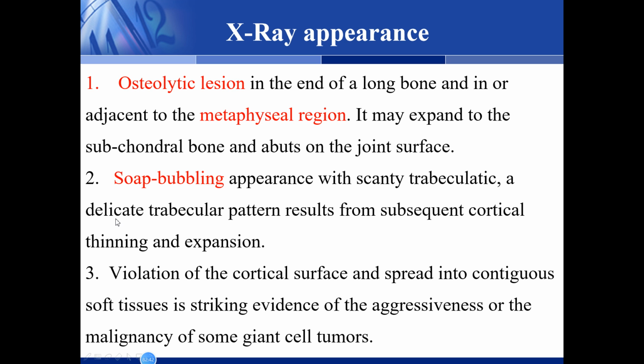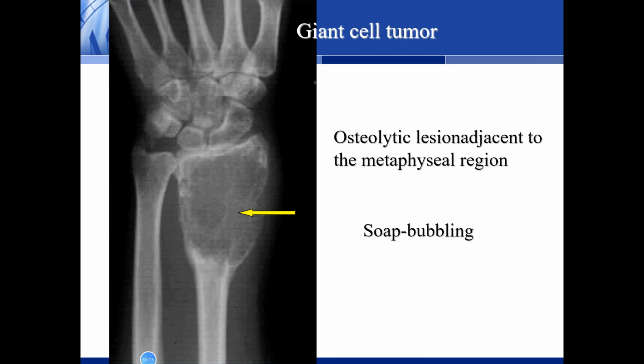A delicate trabecular pattern results from sequential cortical thinning and expansion. Violation of the cortical surface and spread into contiguous soft tissue is striking evidence of the aggressiveness or malignancy of some giant cell tumors. We will see some cases.